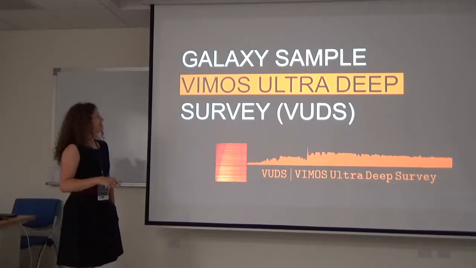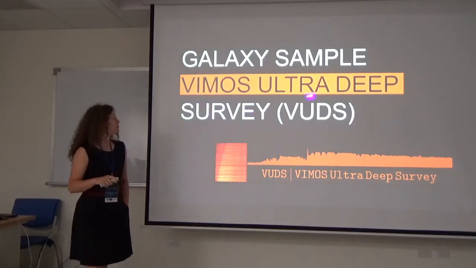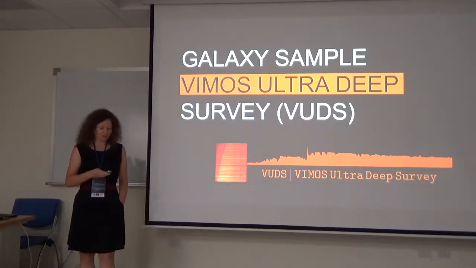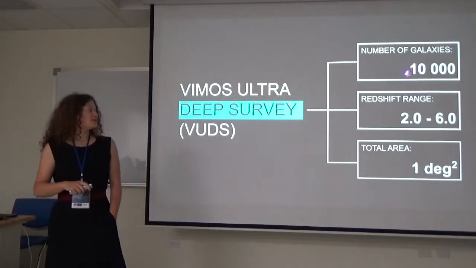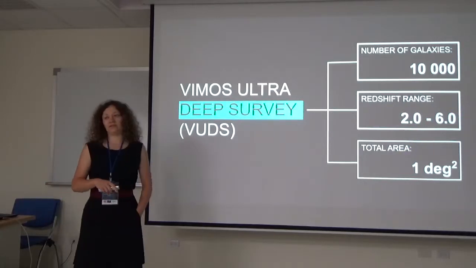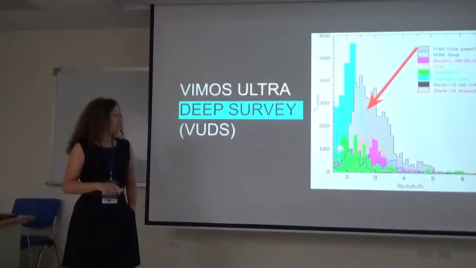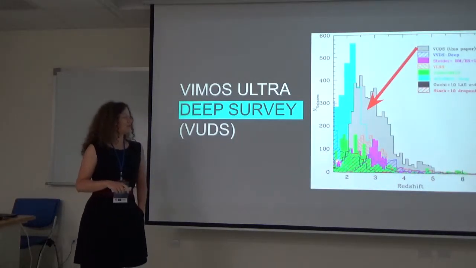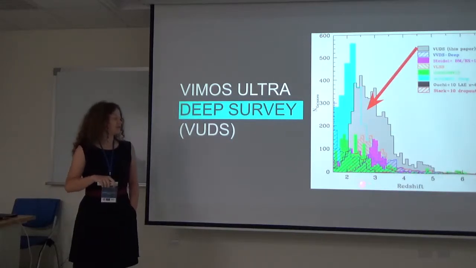And what I did before, I used a galaxy sample called the VIMOS Ultra Deep Survey, in short VUDS, which is a really nice sample of almost 10,000 galaxies with a redshift range between 2 and 6, covering a 1 degree squared field of view. Which is really, really nice compared to other redshift surveys at this redshift.